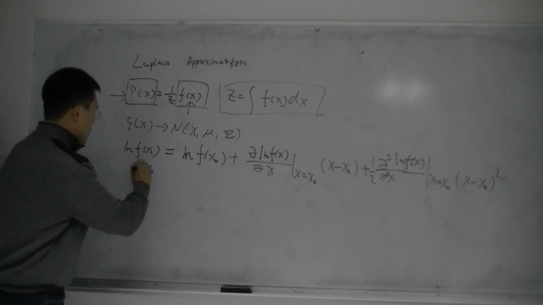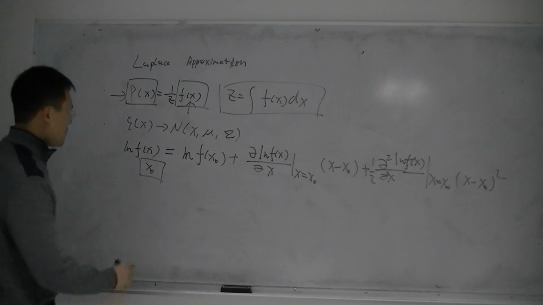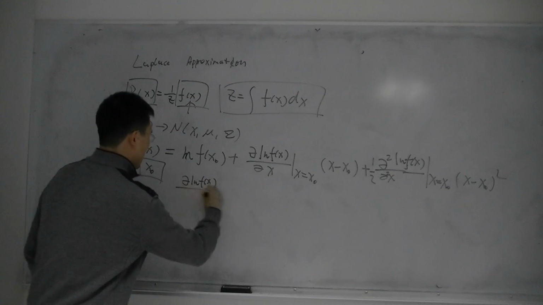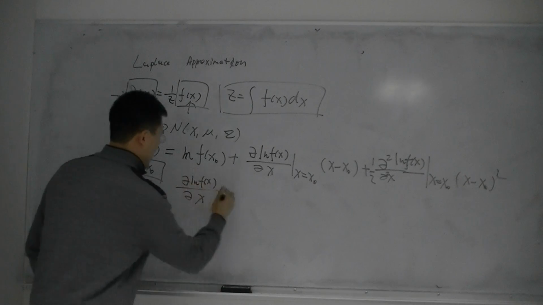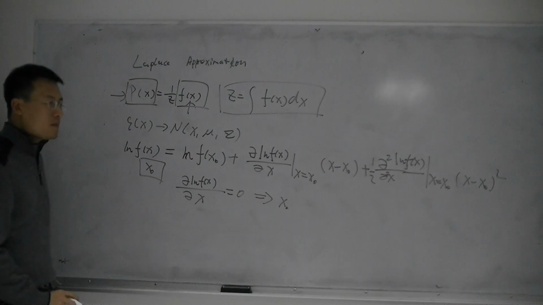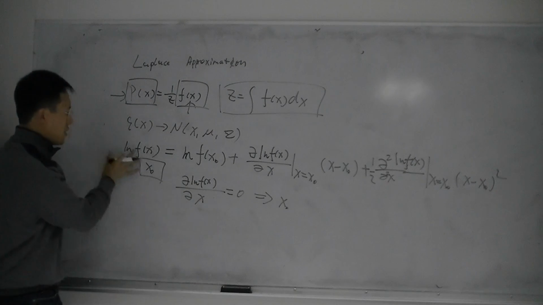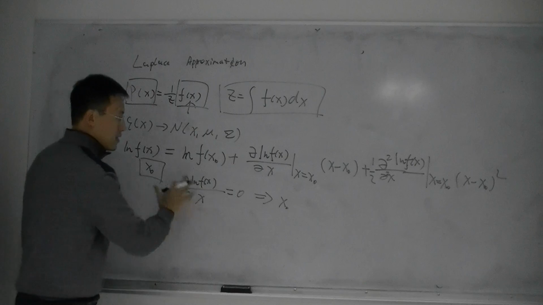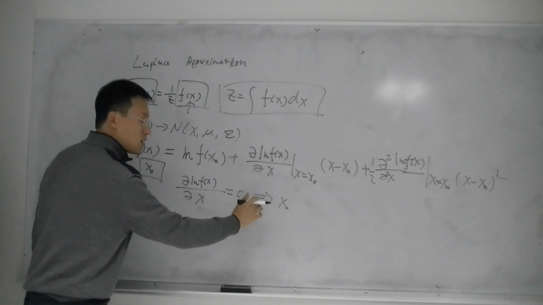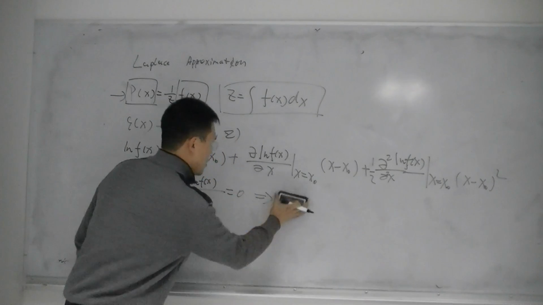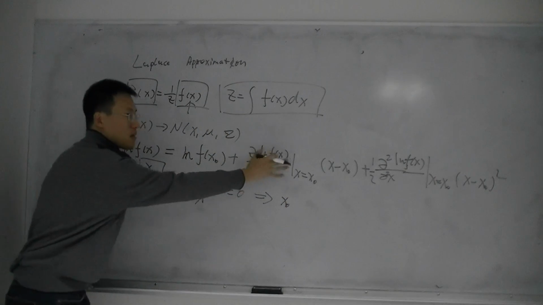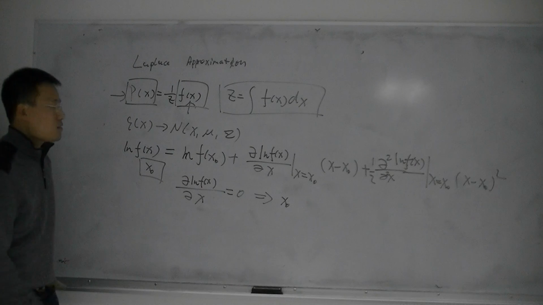And now the problem is how to choose x0. We can simply choose x0 so that the first order derivative of ln f of x equals 0, and by solving this equation we can find x0. So we take the first order derivative of the logarithm of f of x and set this equation equal to 0, then we can solve this equation to get x0. x0 is the point that makes the first order derivative of the logarithm of f of x equal to 0.